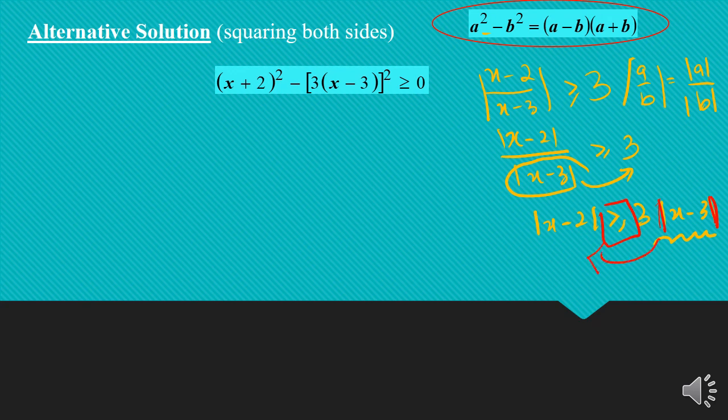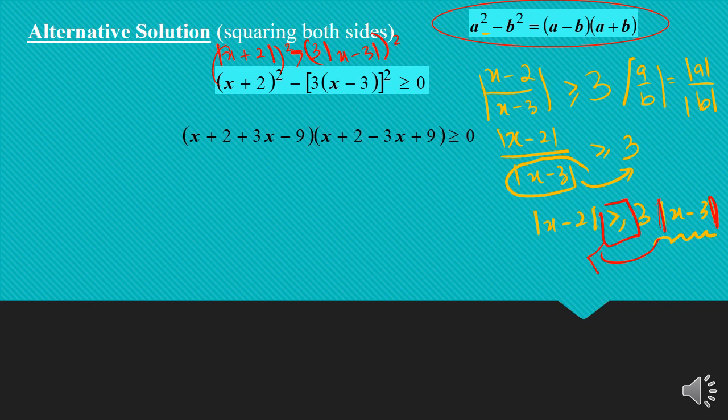That's why we will have absolute of x plus 2 minus 3 absolute of x minus 3. But before that, we square both sides. Square both sides, and then bring to the left side.